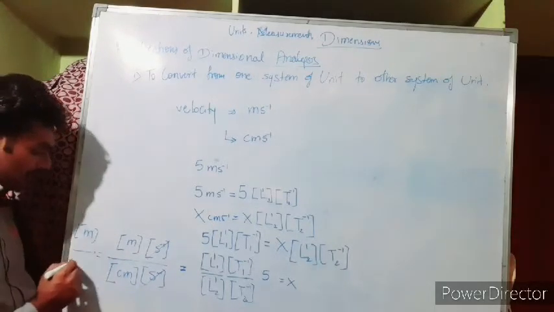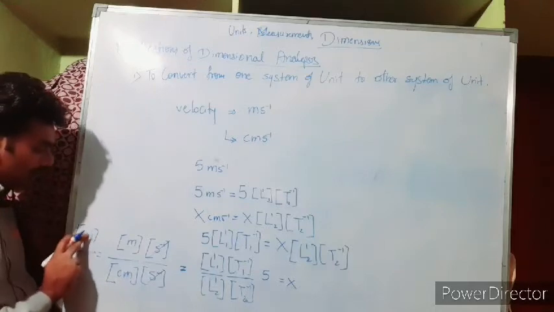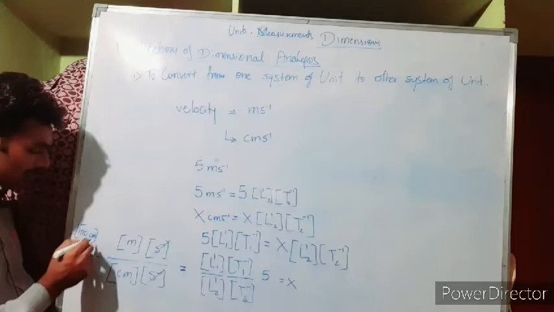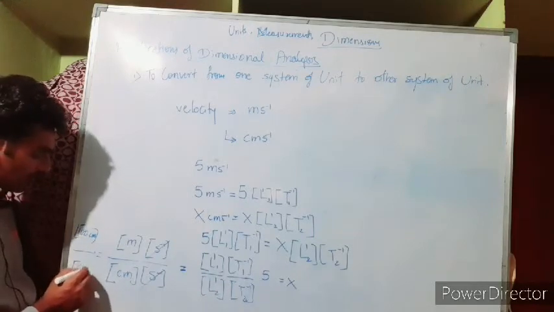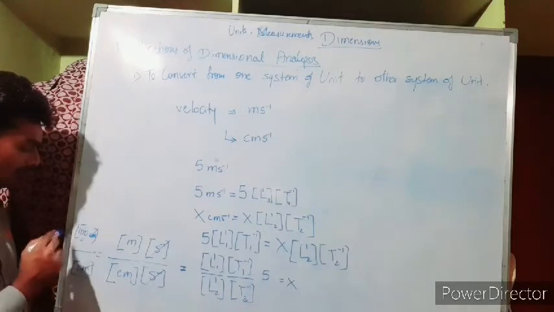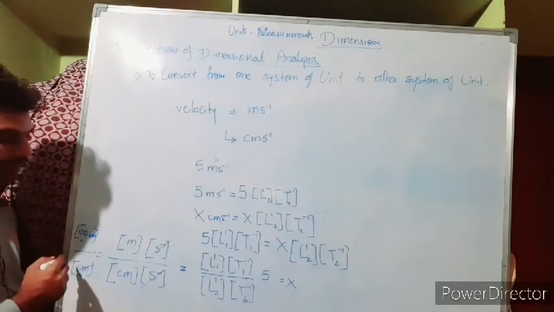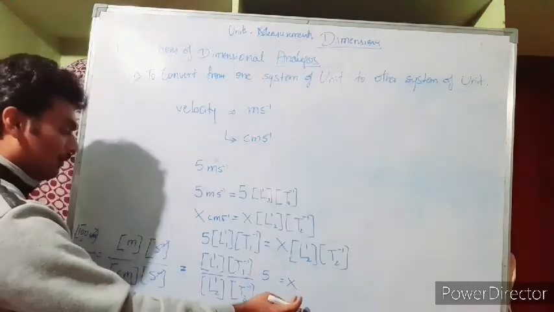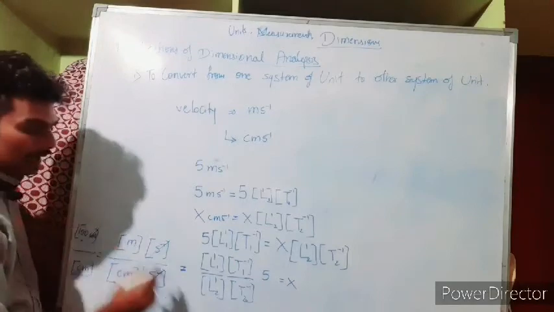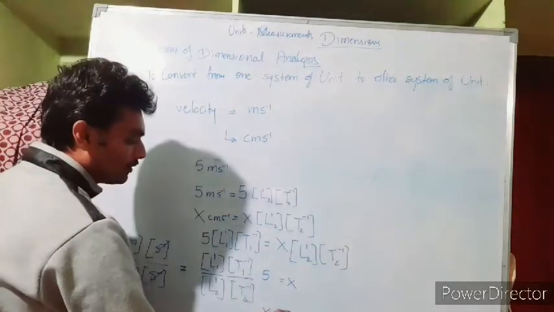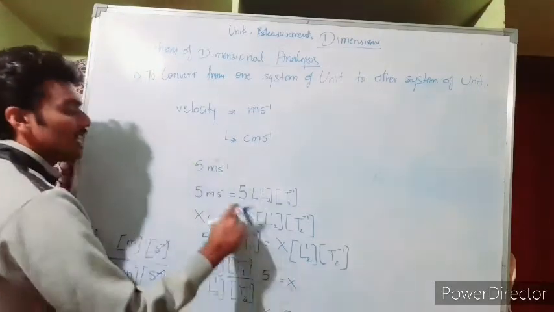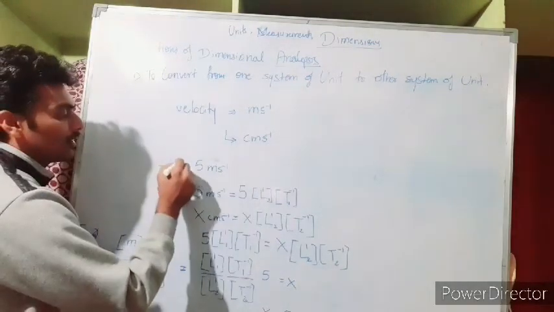And the meter stays as such. Let me convert meter itself. 1 meter is 100 centimeter, right? So in the denominator we simply have centimeter. So this centimeter cancels, and we are left with 100. So now x is equal to 5 times 100, because we started with 5 meter per second velocity.